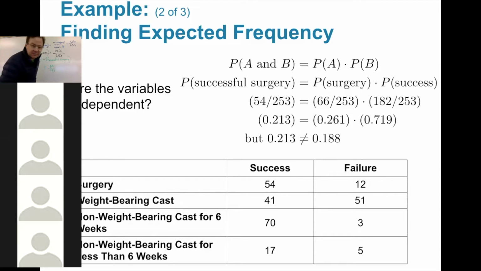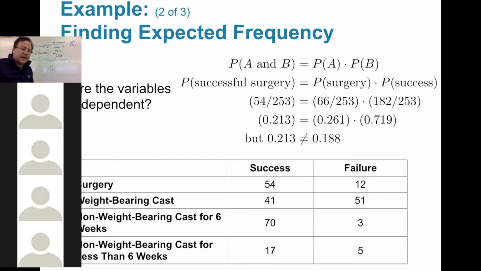Those are not the same number. So based on what we said in chapter 4, we would have said they are not independent. In other words, that they are dependent. But then again, the fact that they're only slightly off could be due to sampling error.